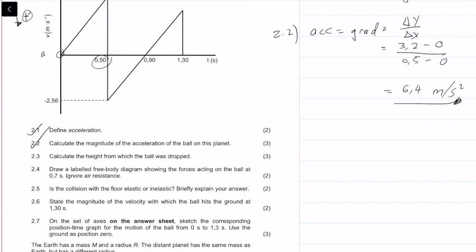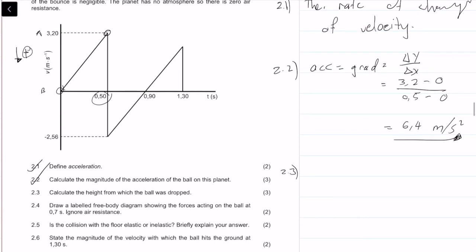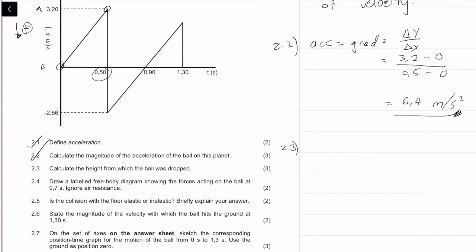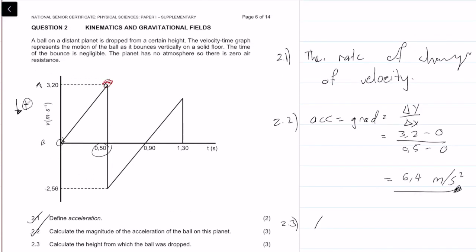Okay. Question 2.3. Calculate the height from which the ball was dropped. Okay, so how are we going to do this? If you look at that point there, that's where the ball hits the ground. Here it starts leaving the ground. So that means the height would be the area under this graph right here.